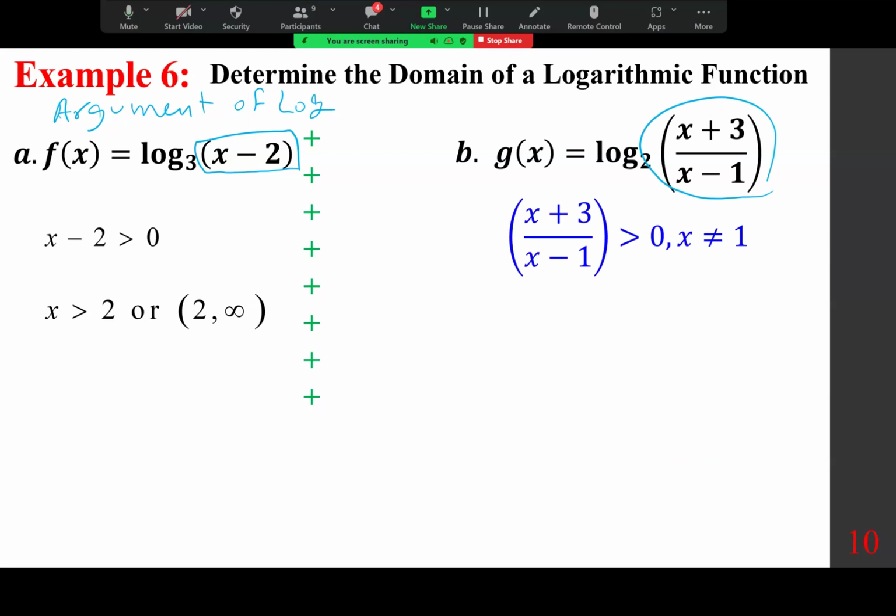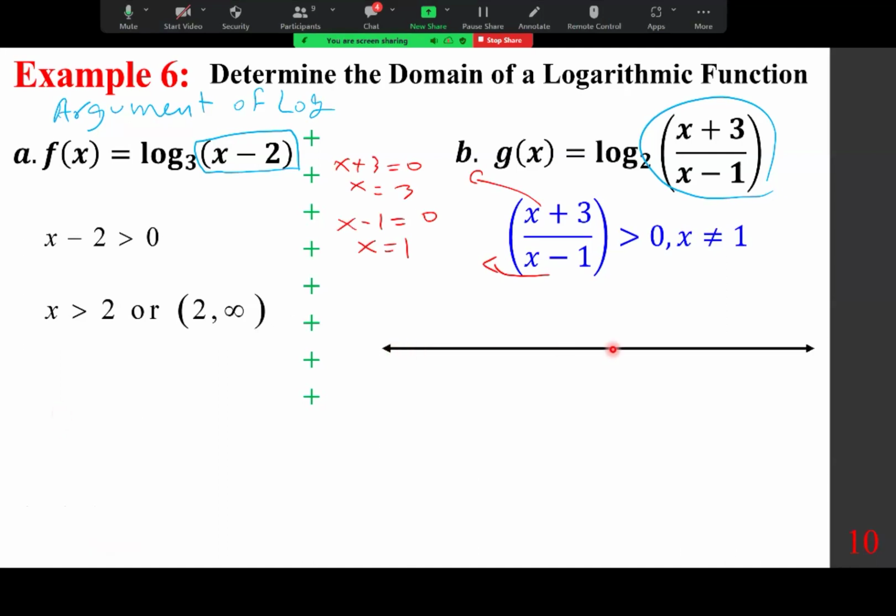We go with the sign graph. If you set the top equal to 0, x is negative 3, and the bottom is 0 when x equals 1. Those are the points that we are going to use for the sign graph.